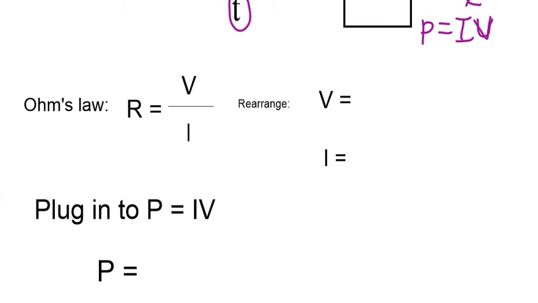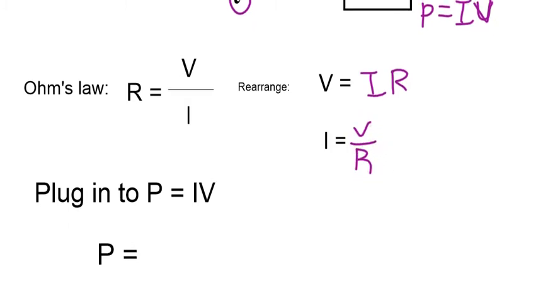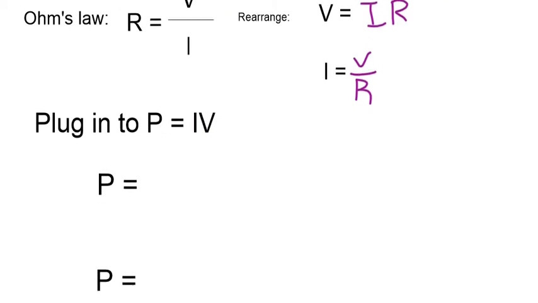Now, we're going to go another step. Going back to Ohm's law, R is equal to V over I. If we arrange this, V is equal to IR, and I is equal to V over R. Now, we have our equation P equals IV. We can come up with two other versions of this equation by plugging in Ohm's law in a couple of different ways.